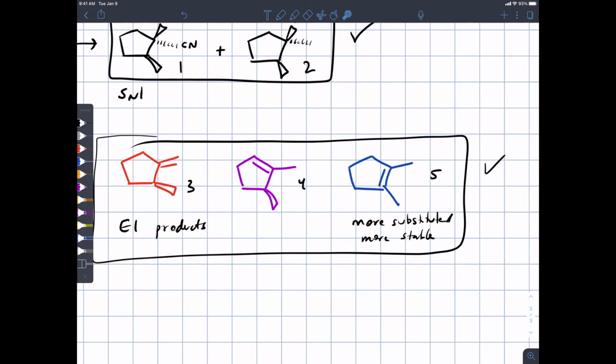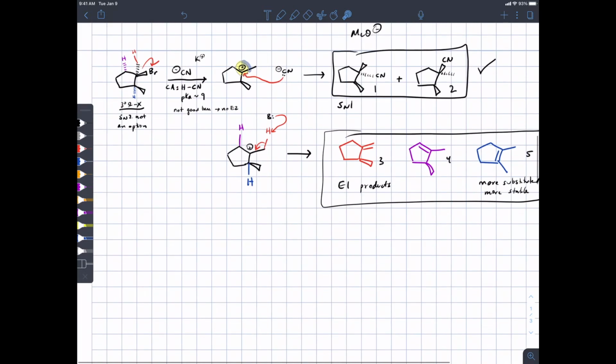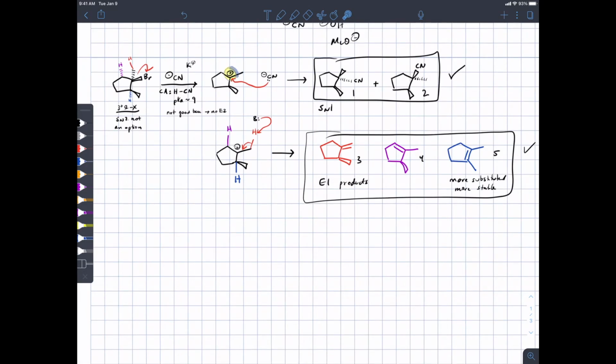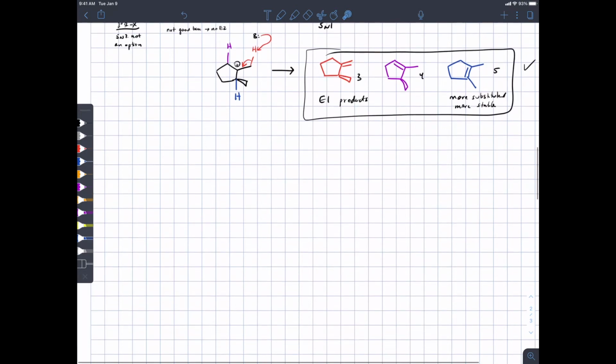Could you please give an example of E2 where the anti-periplanar issue does come into play? Sure, let's take a look at that. I'm trying to see whether this is a good example or not.